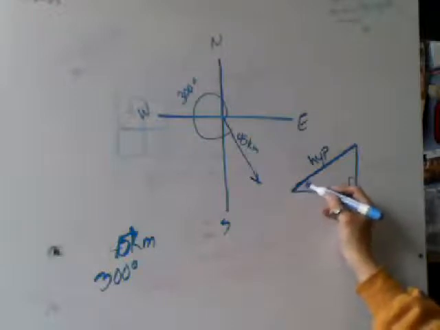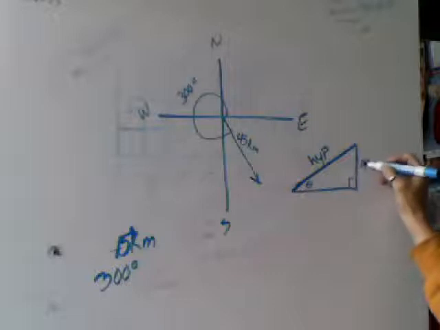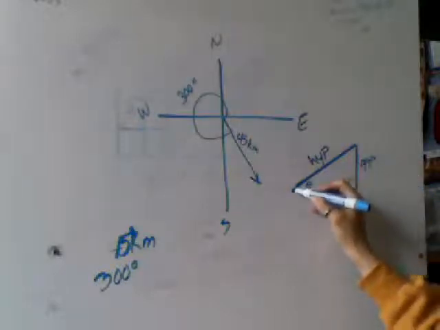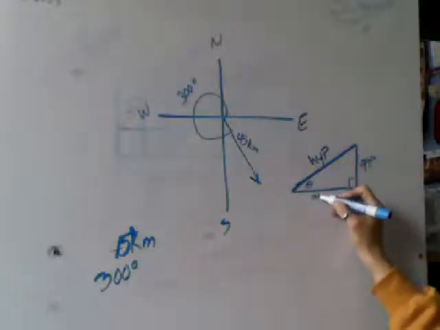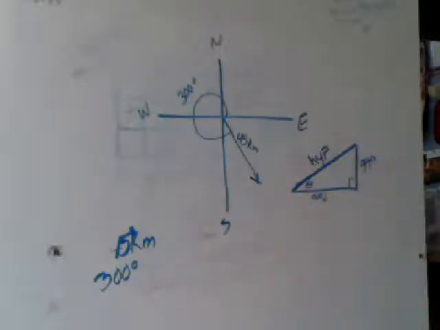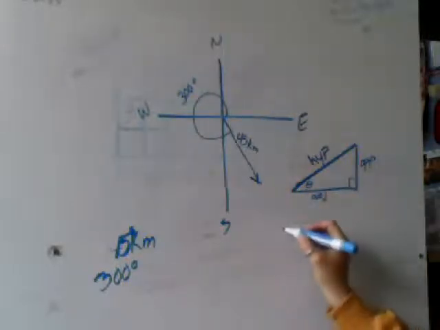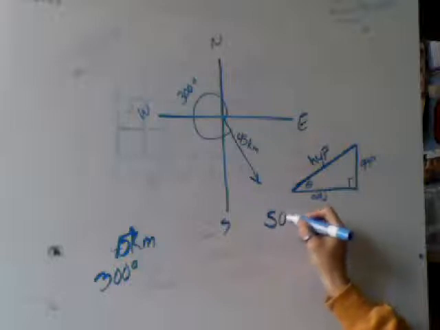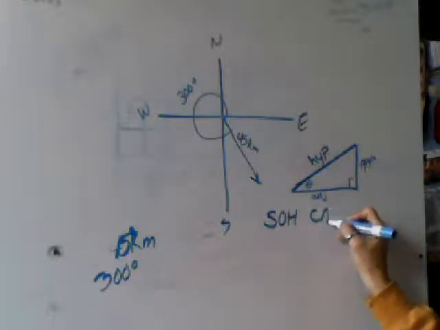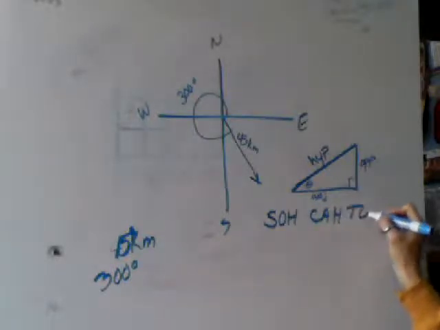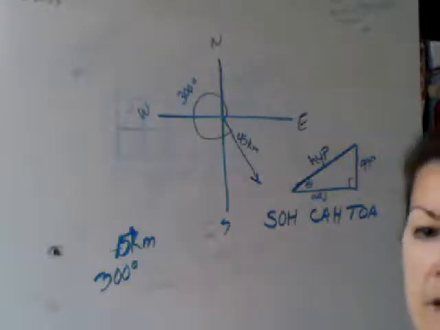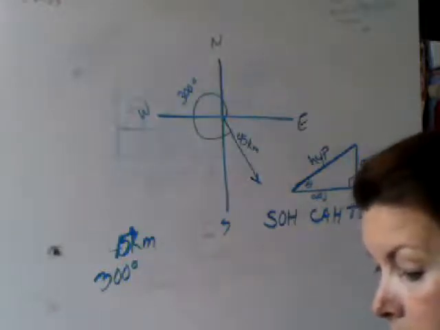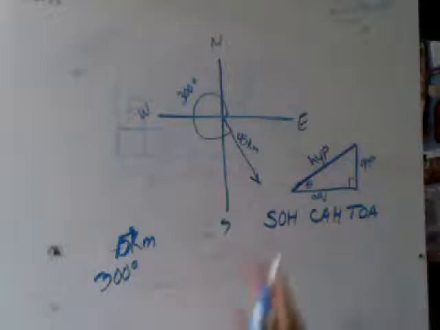So, looking at this angle, we know that we have the side opposite the angle, and we have the side adjacent to the angle. And knowing those three things, we can use our mnemonic SOHCAHTOA to determine things about a right triangle. So how does that help us on here?